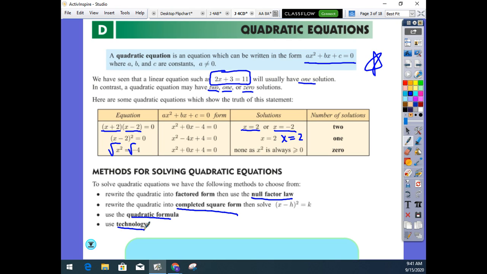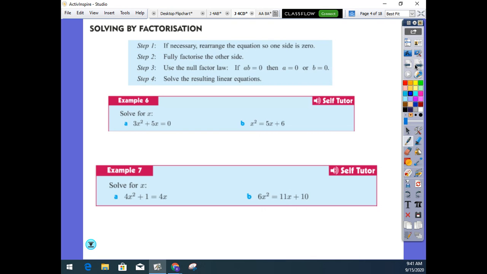Using square roots, I would also include. All right. Factoring is going to be super important. And I know not everybody's good at factoring, and hopefully we'll get better.